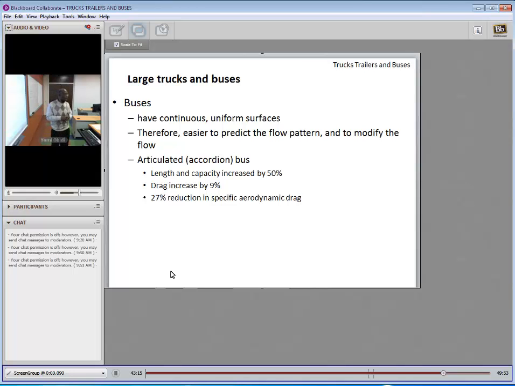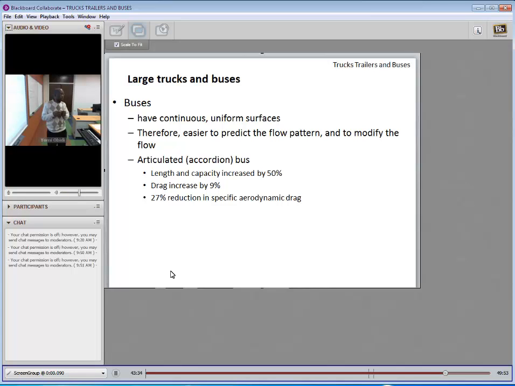So it's very economical to use that type of bus for transportation of people. You carry more load, more passengers, for a relatively reduced increase in drag.